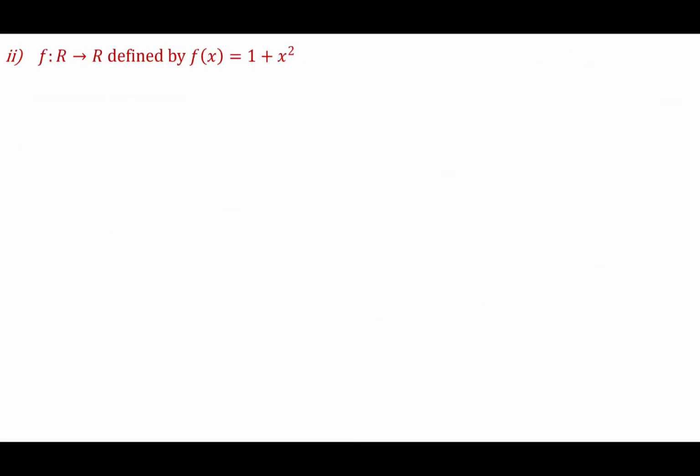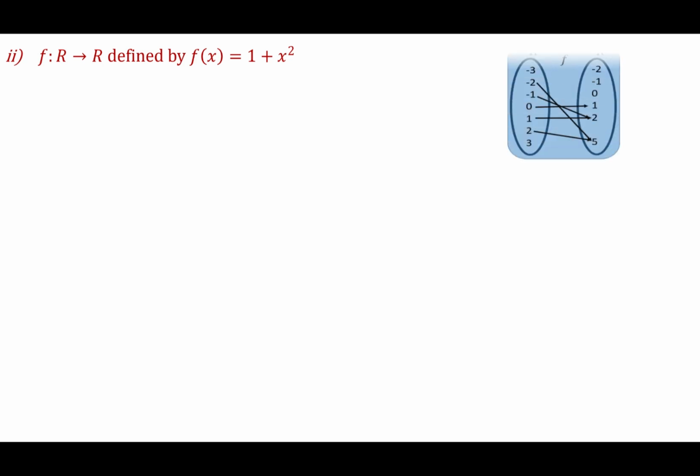Part 2 of question 7. Given function from R to R defined by f of x is equal to 1 plus x square. Always draw a rough diagram. Take any values of real numbers; you can take decimal, you can take fraction, anything.